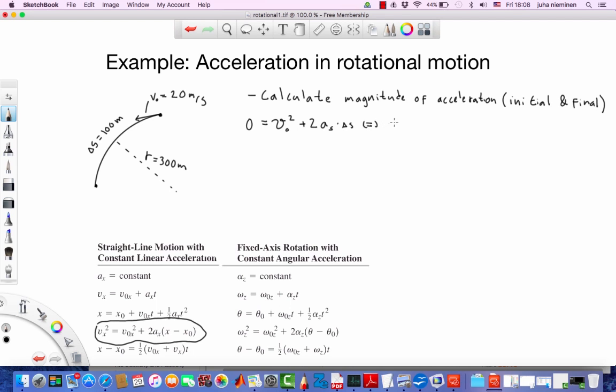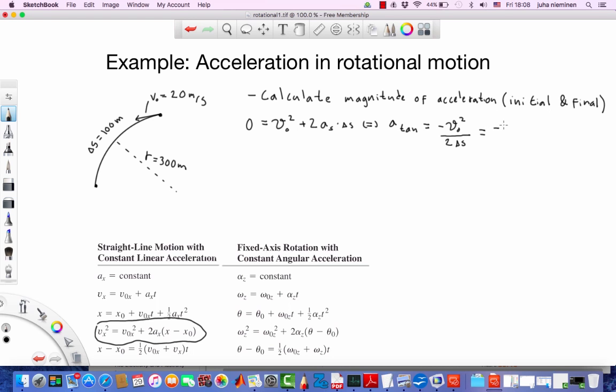And from here we solve the constant acceleration term in the tangential direction, and let's make that notation. So a_s is the same as a_tan, and we get minus v initial squared divided by 2 times delta s.